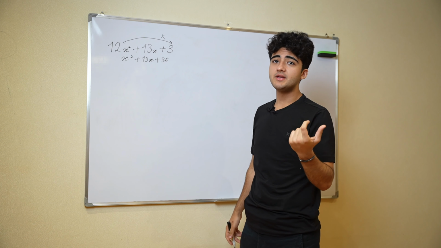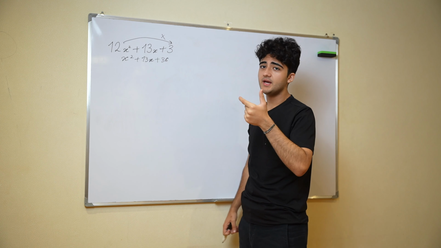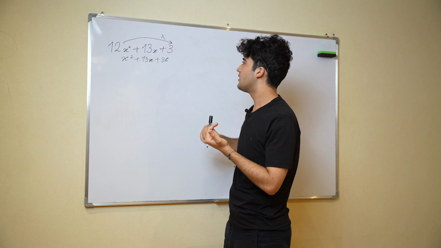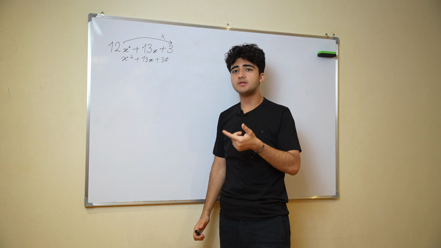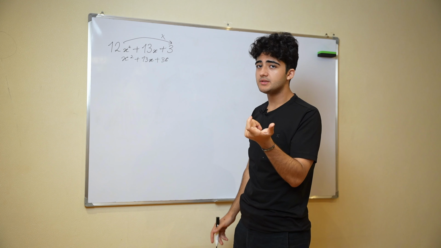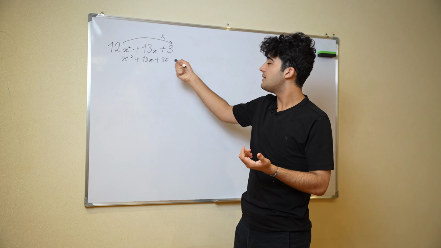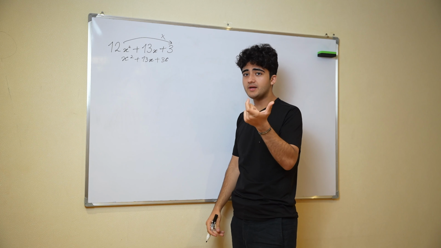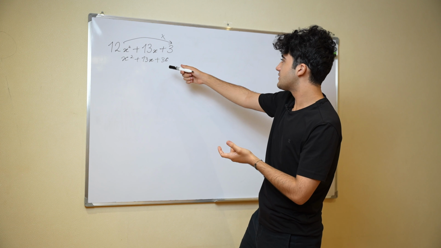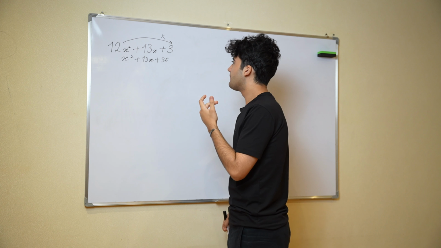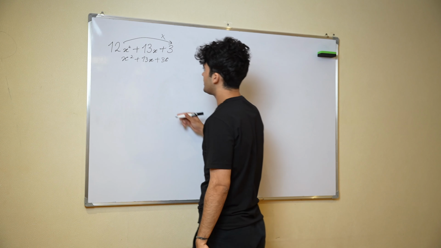Even if we take minus 12 minus 3, we get minus 15, but we need minus 13. Then we have minus 18 minus 2, and the sum of these two is minus 20. Then we have minus 9 and minus 4, and the sum of minus 4 and minus 9 makes minus 13, so minus 9 and minus 4 are therefore the solutions for this equation.